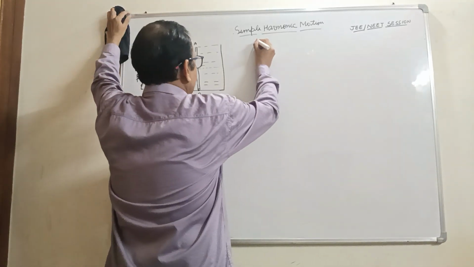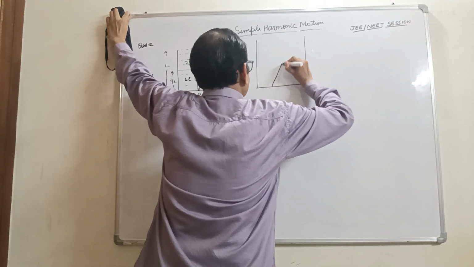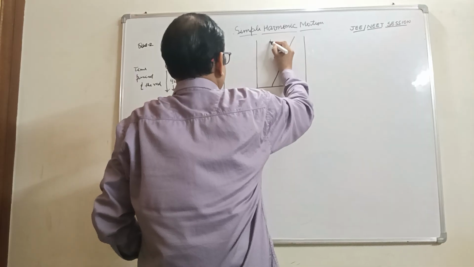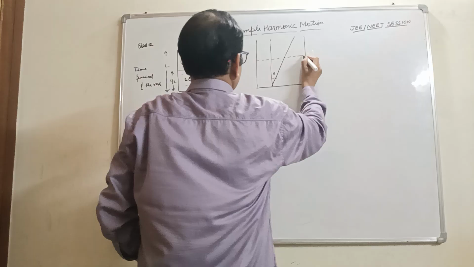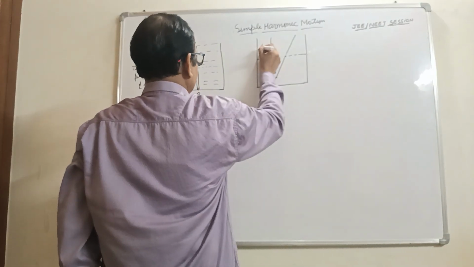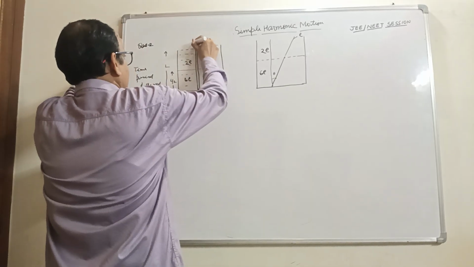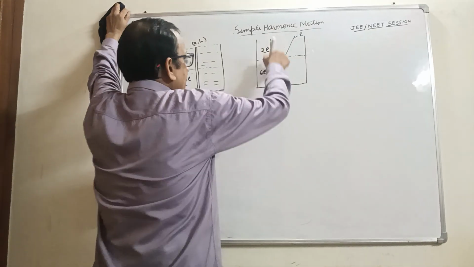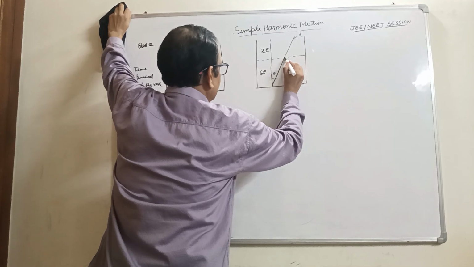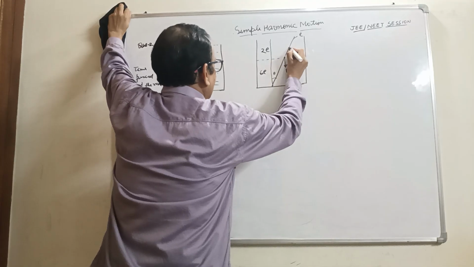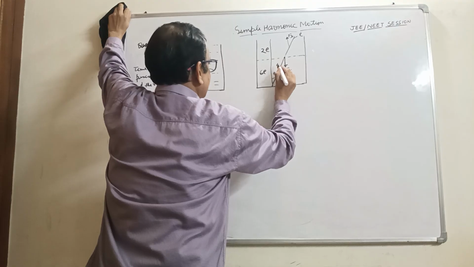In this scenario, if we tilt the rod by some theta from the original vertical position, this is the 6 rho density, this is the 2 rho density, and the rod has density rho, area A, and length L. So the cross section area is A. At L by 2 distance the gravitational force acts downward, and at that portion the buoyant force FB acts upward.